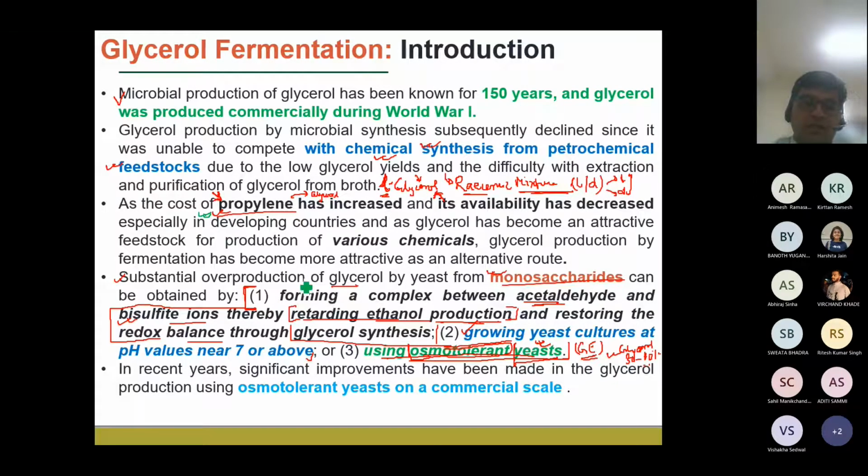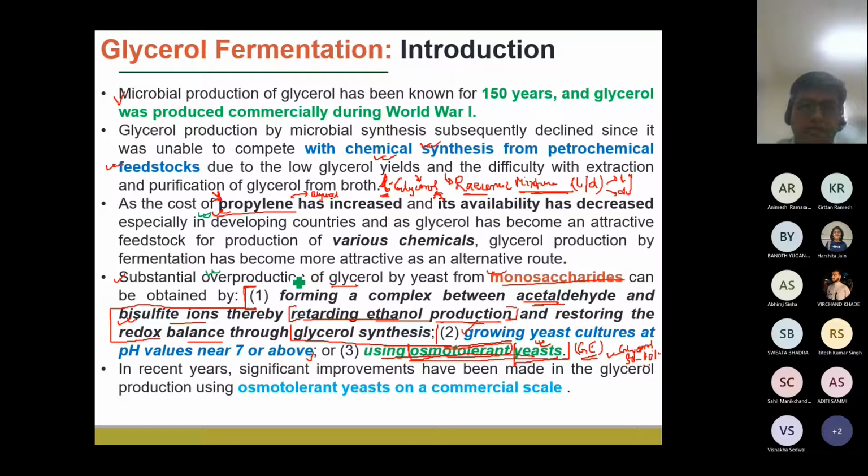So we have seen in the last class that there are different strategies by which the microorganisms are modified so that overproduction of glycerol occurs. Because the main objective for any industrial process is to have a higher yield as well as higher purity and quality, so that the number of downstream processes required to purify should be as low as possible.